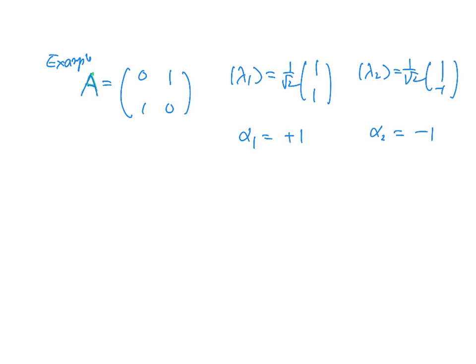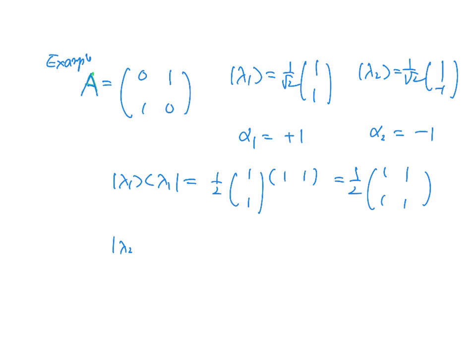Alpha 2 is minus 1. And of course, the outer product for lambda 1 is 1 half of 1, 1, 1, 1. For lambda 2 it is 1 half of 1, minus 1, minus 1, 1.